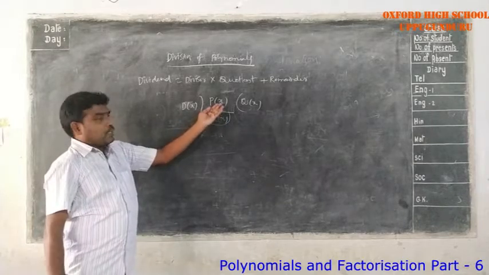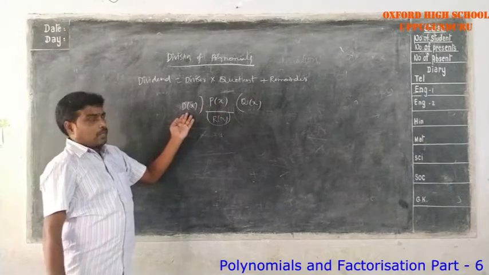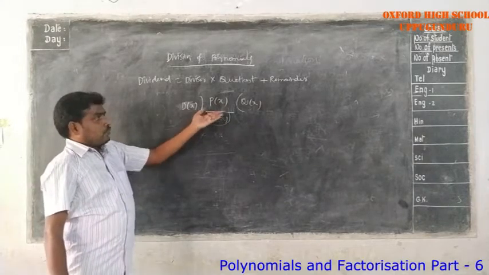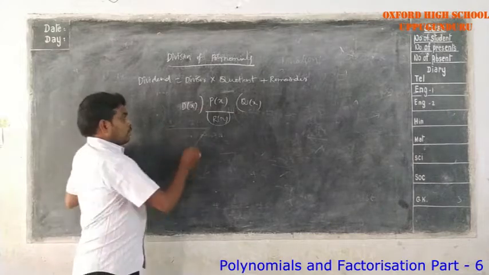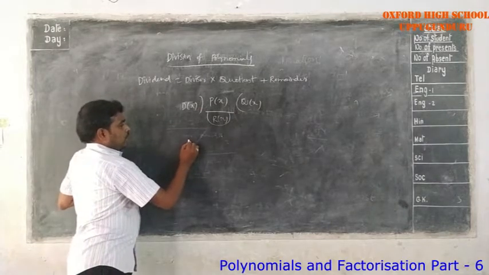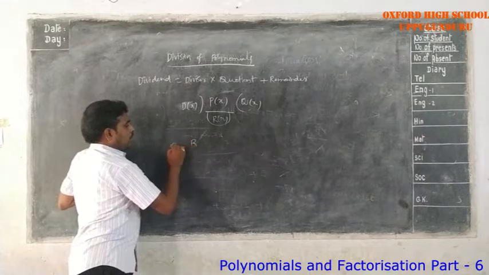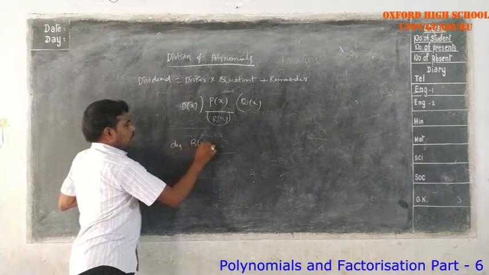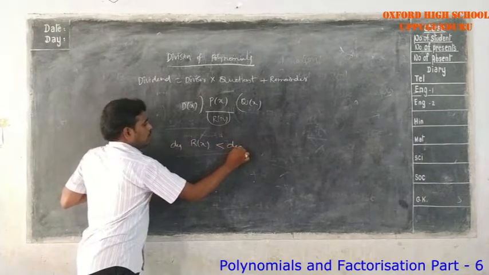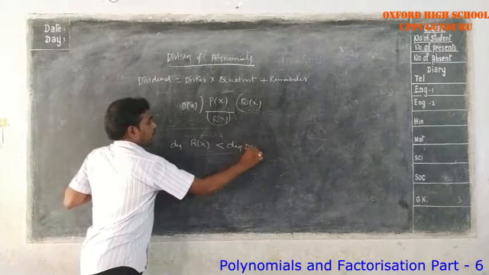Whenever you are dividing any polynomial with another polynomial using this division fact, the degree of r of x is always less than the degree of d of x.